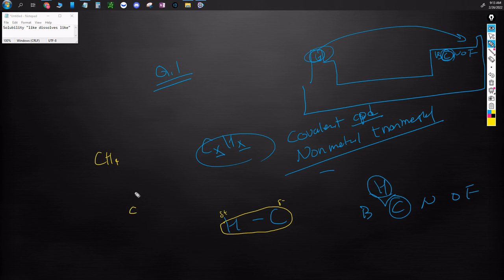So we have this going on, and they're all equally distributed out, right? Remember, carbon is pulling electrons away from the hydrogen, but it's pulling in all directions. This is like a tug of war.